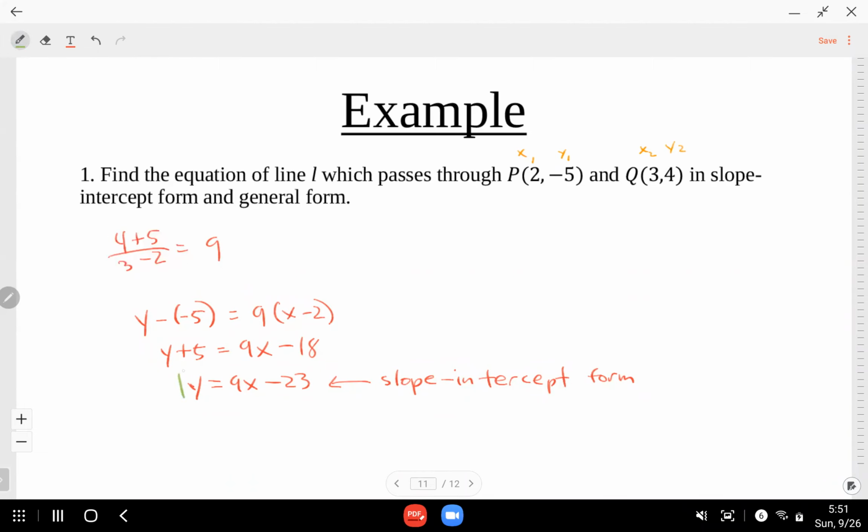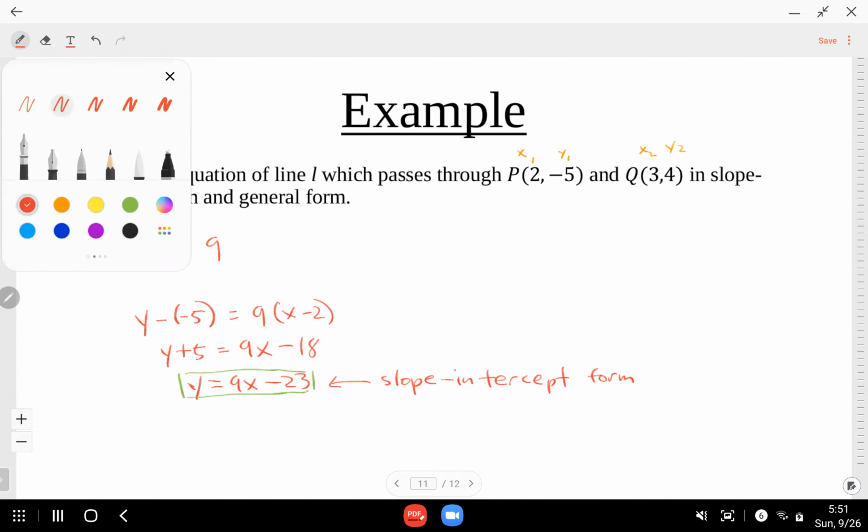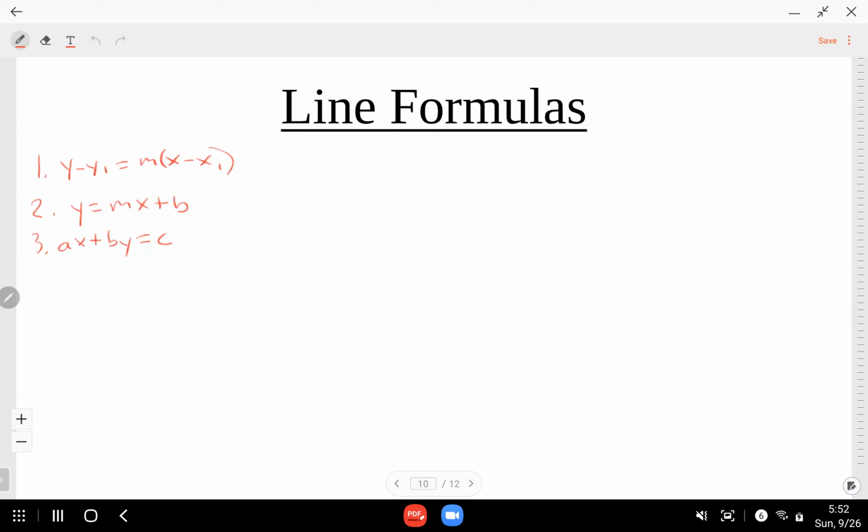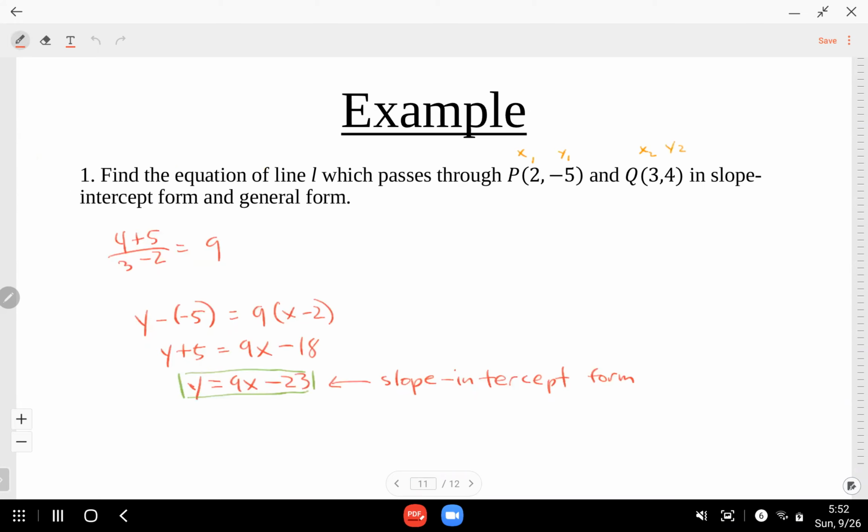So this is one solution. Now the other solution we need is the general form. That's basically ax plus by equals c, right? So you just move the terms a little bit, and you get what you want.